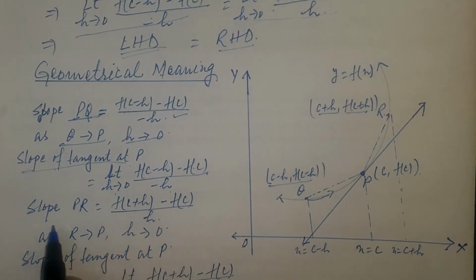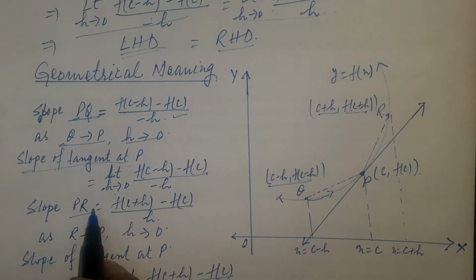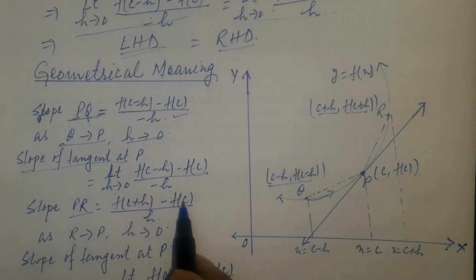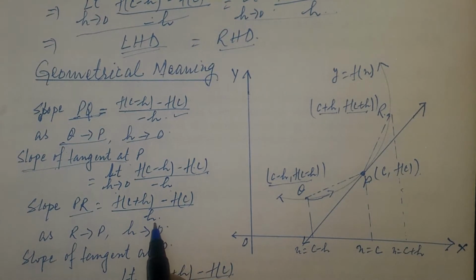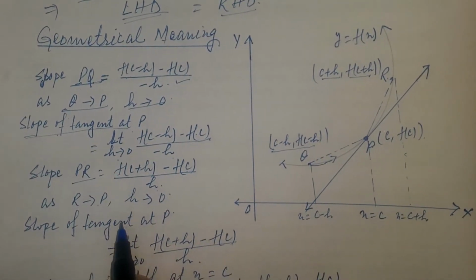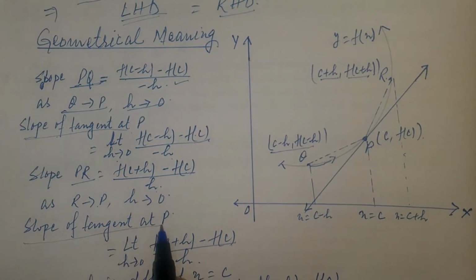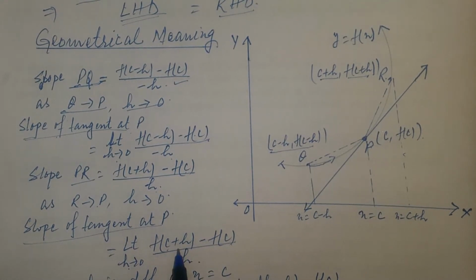On the same line, we can find the slope of PR. Slope of PR is again (f(c plus h) minus f(c)) by h. So when R tends to P, h tends to 0, and then it becomes a tangent at P. So the slope of the tangent at P is the limit as h tends to 0 of (f(c plus h) minus f(c)) by h.